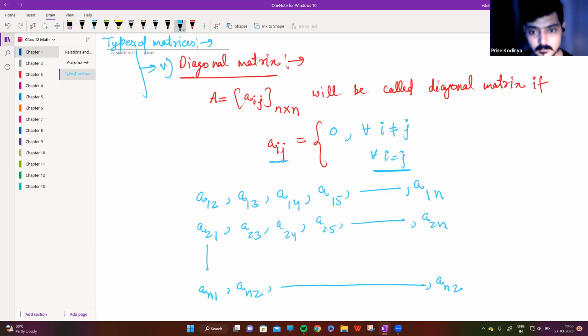It combined represents a diagonal element. That is all the Aij's in which i and j are equal. So what are we saying now? We are saying that all the non-diagonal elements must be zero, and at least one should be non-zero.